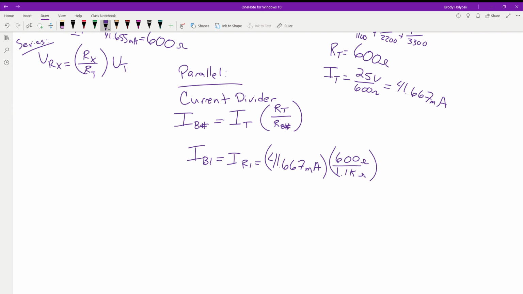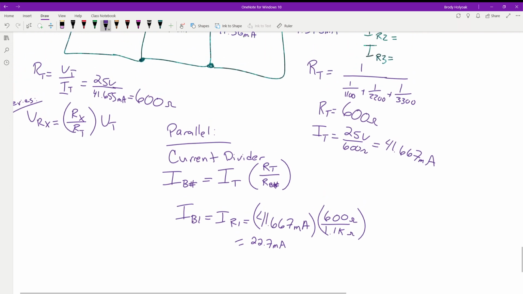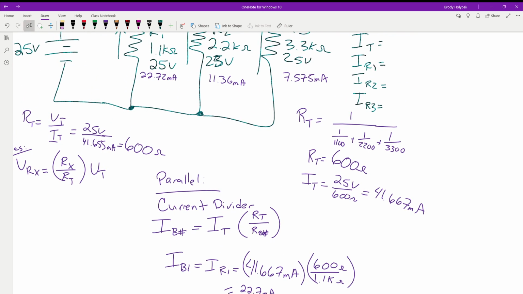We're going to get, what do we get when we multiply those together? .7 milliamps, which is what we calculated up there, just by using Ohm's law.